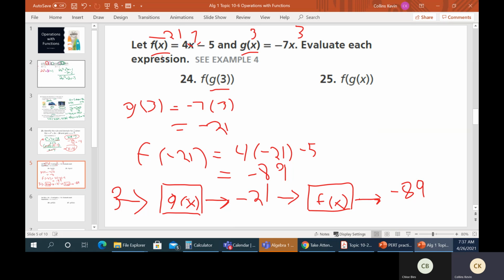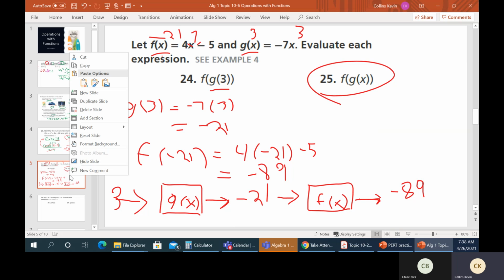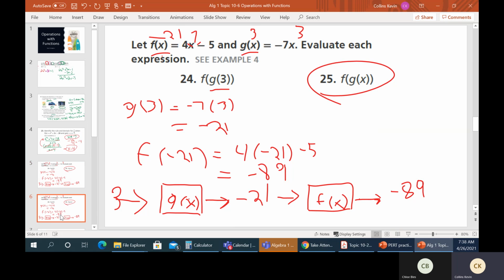Okay, so let's notice that our next one, I'm going to bring up another screen for this. Our next one here doesn't have a number. So what do we need to do with that? Well, first of all, we've got way too much writing here, so we're not going to have enough space. So we're going to duplicate the slide, which is a great thing. All right, so let's just erase the rest of this stuff.